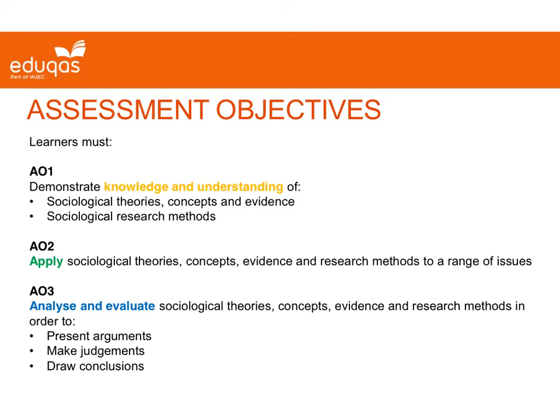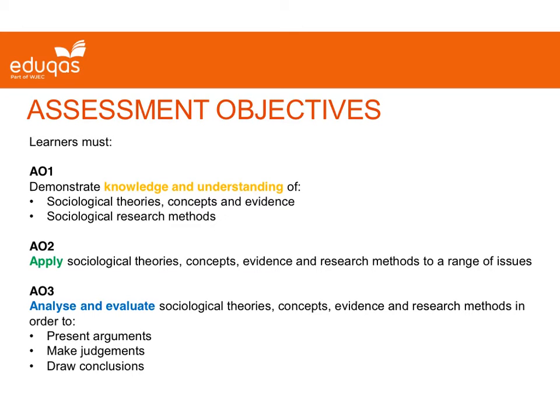AO2 is about application, and really the key skill in terms of application is your ability to apply your sociological knowledge directly to the question set. And then finally, assessment objective 3, which is particularly important for the longer essay style questions, is about analysis and evaluation.